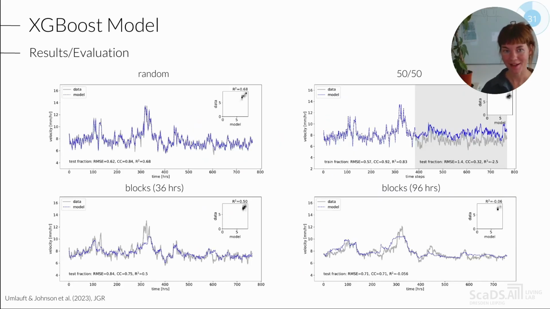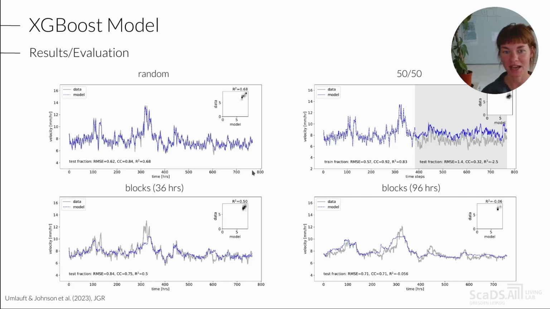Okay. Finally, we actually train the model. And here you can see different outputs for different types of splits that we tested and used. So the first example here would be a random split. What you can see here on the y-axis is the velocity given by our label, which is the GPS velocity in millimeters per hour.